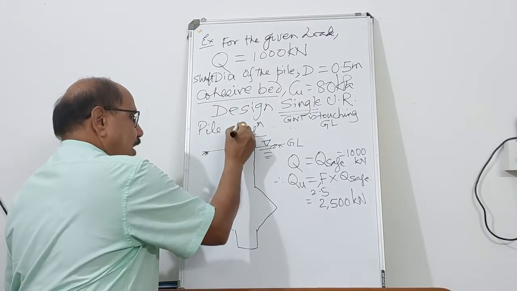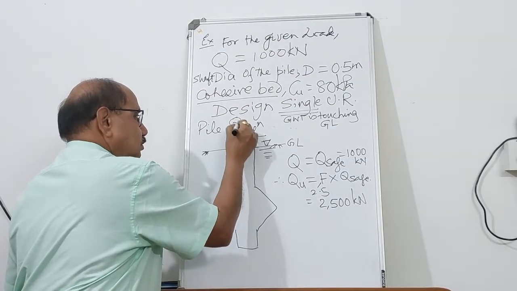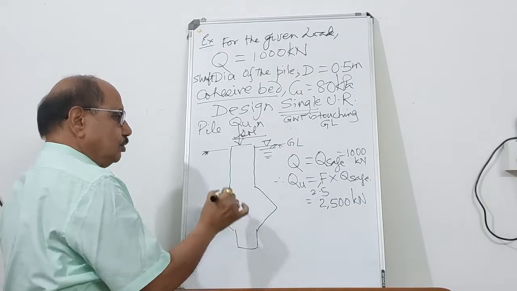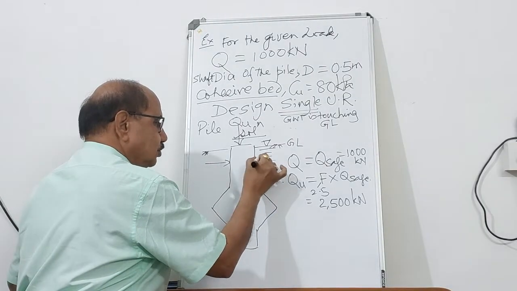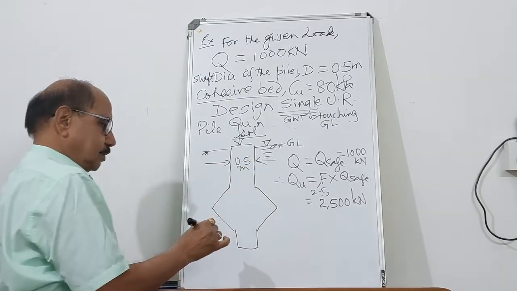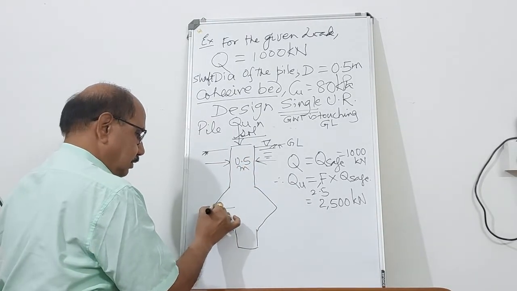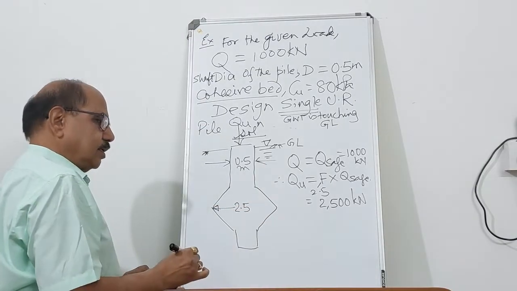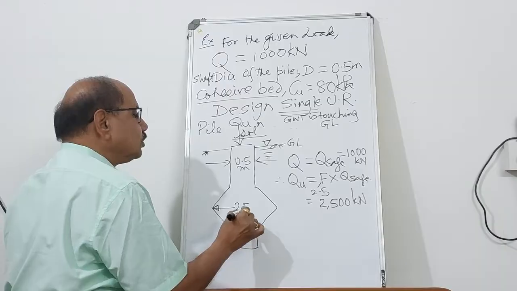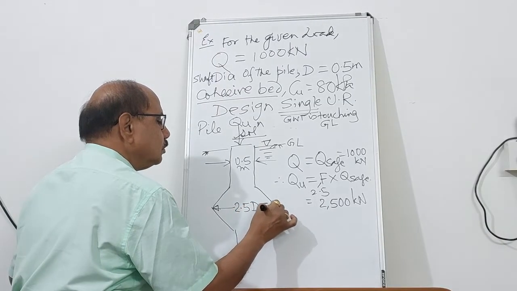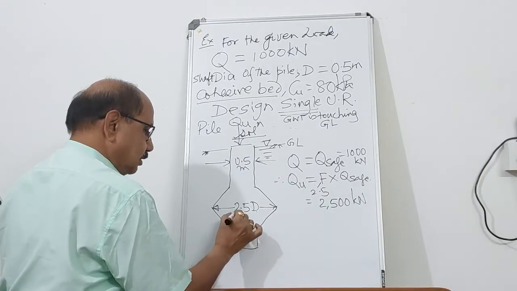So for this ultimate load, you will have the shaft dia, you can show it here, 0.5, and this becomes 2.5 times the shaft dia.